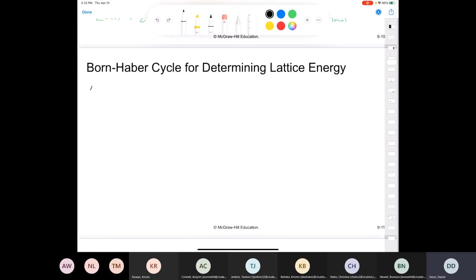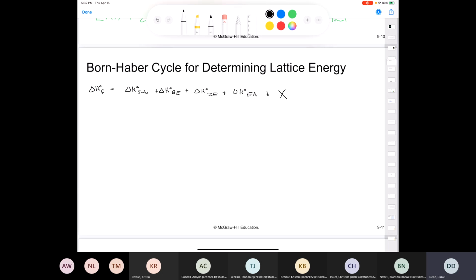The delta H of formation for our lithium fluoride is going to be equal to the delta H of the sublimation of the lithium plus the delta H of the bond energy or bond enthalpy of the fluorine gas plus the delta H of the ionization energy for the lithium plus the delta H of the electron affinity of the fluorine plus X, which is the negative of my lattice energy.